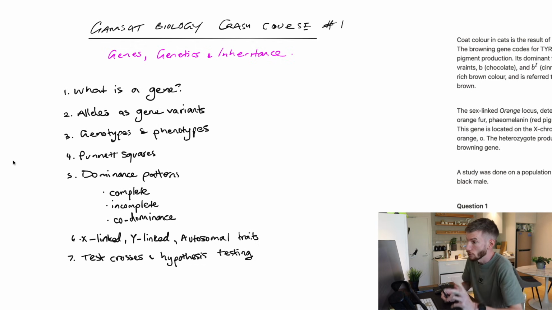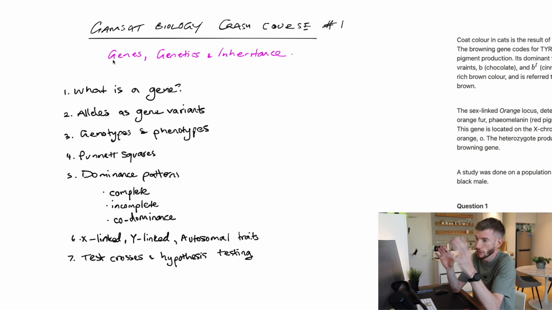All right, so what we're going to do is we'll go through genes, genetics, and inheritance. So this is a kind of contents map almost for what we're going to go through. One of the other things that I'm going to do a little bit differently in this series is actually write some other GAMSAT related or GAMSAT style questions. I do that in the Section 3 walkthrough videos, but I think previously what I did is mostly focused on the content in these.